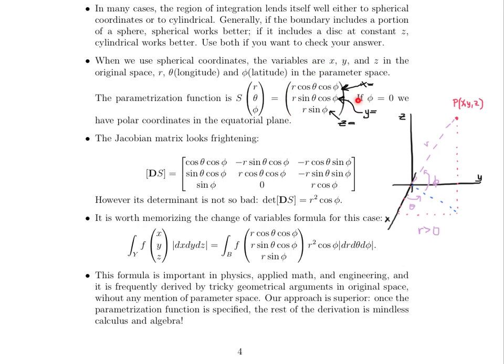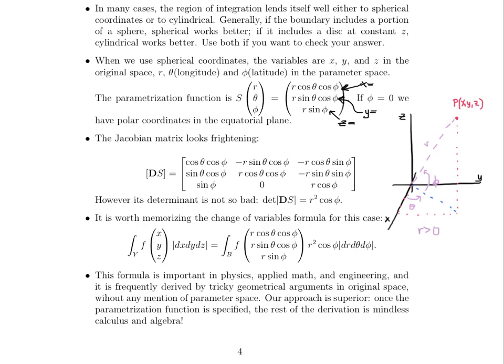So here we have how to express x, y, and z in terms of r, theta, and phi. And the Jacobian, as you can probably guess, looks totally terrible, but when you actually take the determinant, not so bad. It is r squared cosine phi, again because of the difference of how we define phi. If you've taken a class before, you probably saw r squared sine phi as the scaling factor.